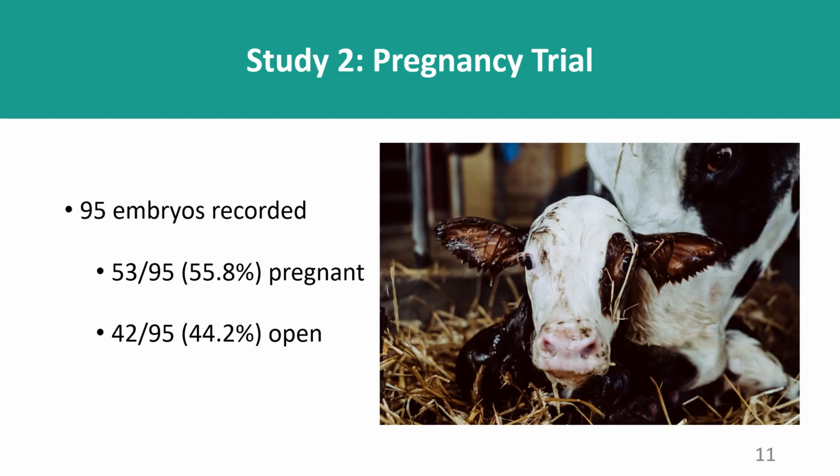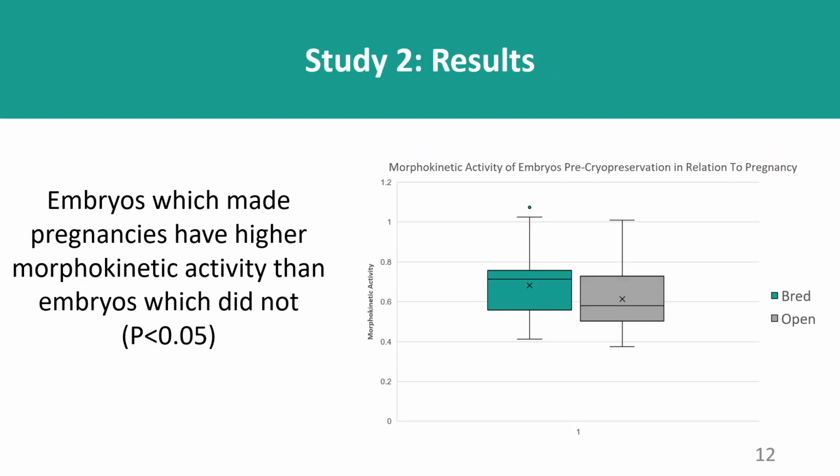In this study, 95 embryos were thawed and transferred, resulting in 53 pregnancies, or a 55.8% pregnancy rate. We performed image subtraction processes on the videos, and again, embryos which made pregnancies, here in the green box, had higher morphokinetic activity levels than those embryos which did not result in pregnancies.